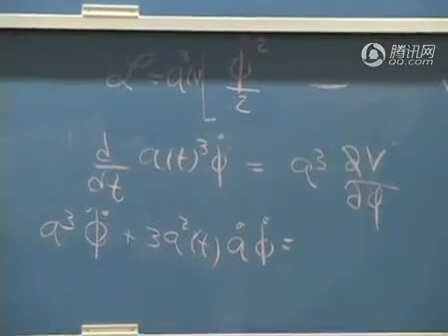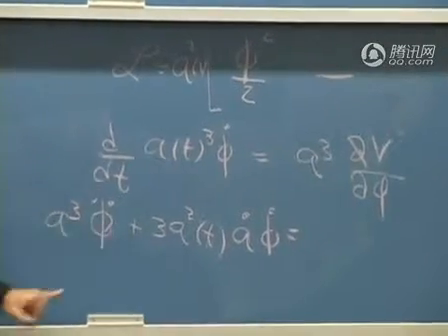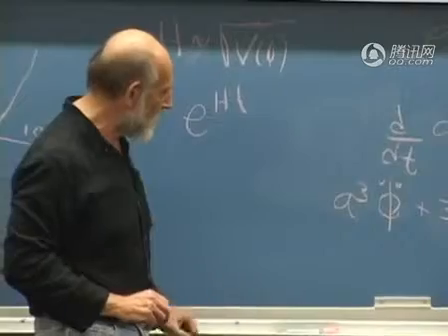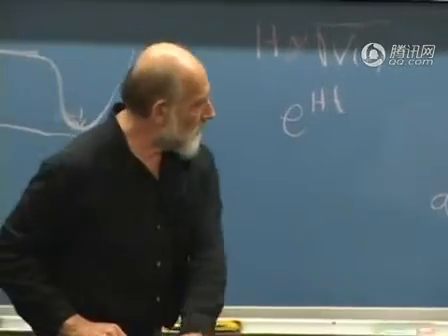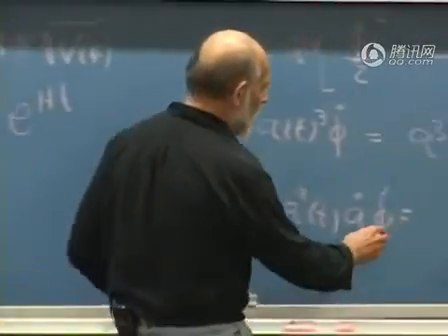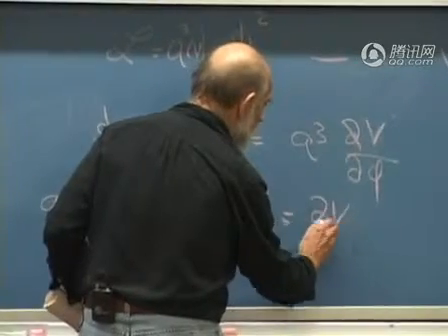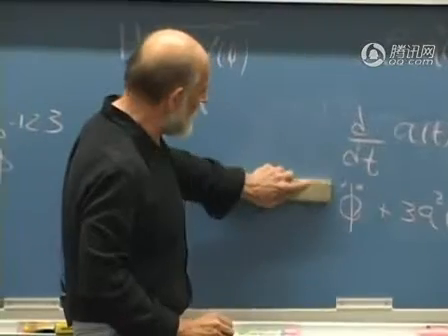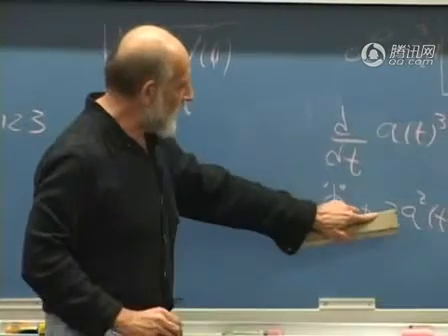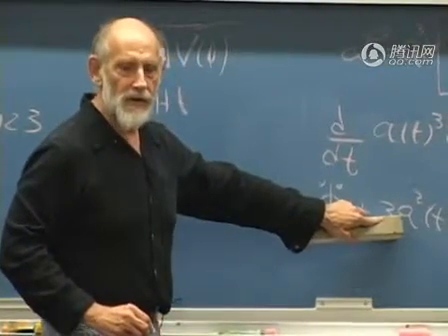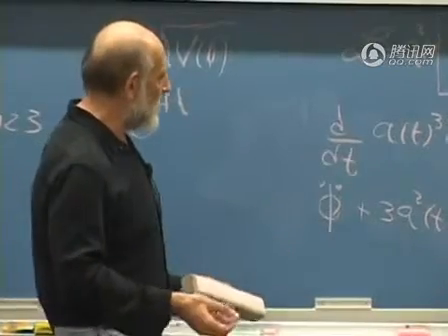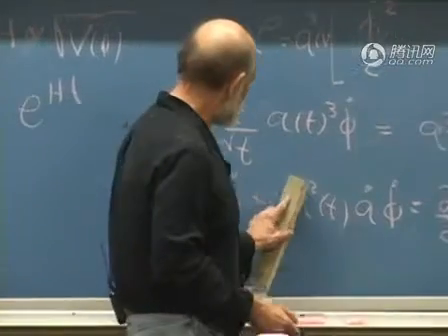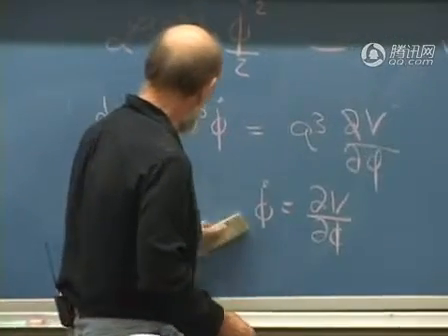But I want to divide both sides of the equation by a cubed, just to get rid of as many a cubes as I can. All right? So on the right-hand side, I'll just have dV d phi. And on the left-hand side, I'll get rid of this a cubed. I'll get rid of a squared, but it will leave me with a 1 over a in the denominator. So let's put a dot over a.